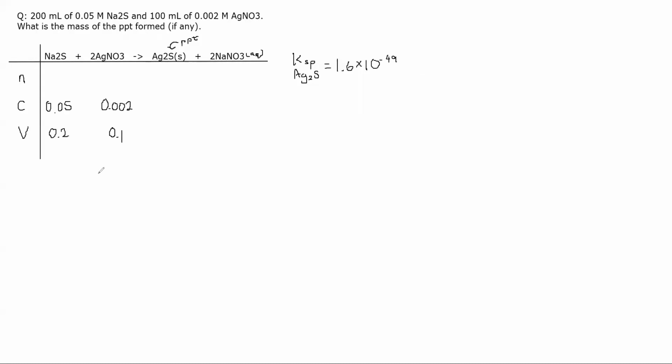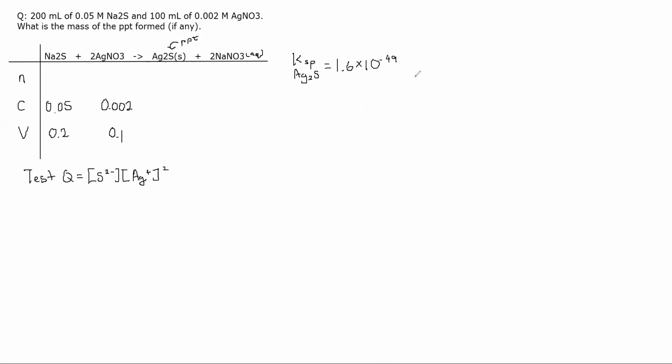Let's keep going. For the sake of formalities, I really appreciated people who didn't just take this for granted, but decided to actually test the solubility by calculating Q. Now remember, Q is going to be a trial run of the solubility product constant, Ag plus squared times S2 minus. Why is it this way?